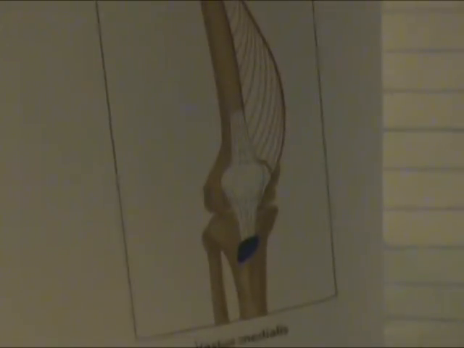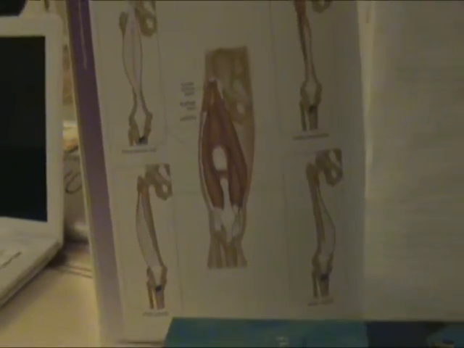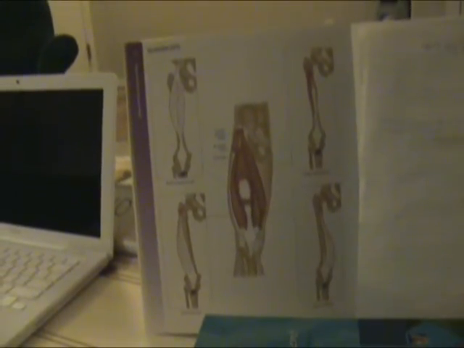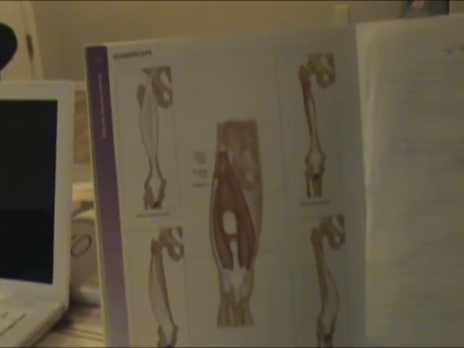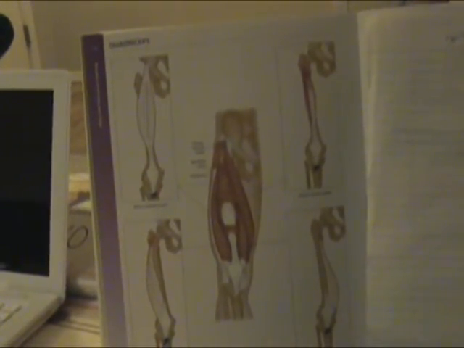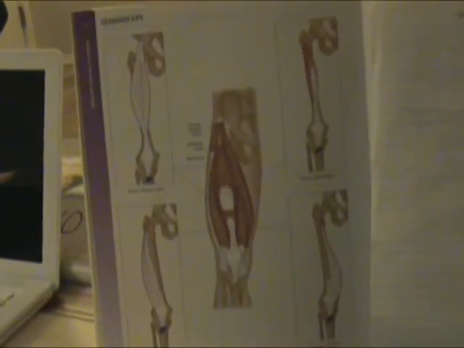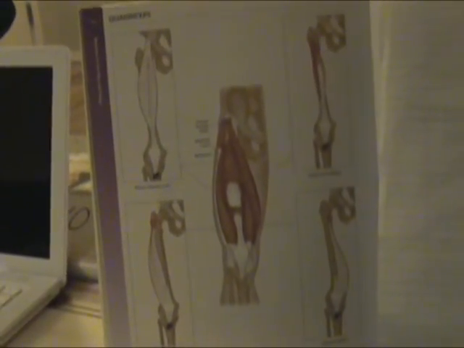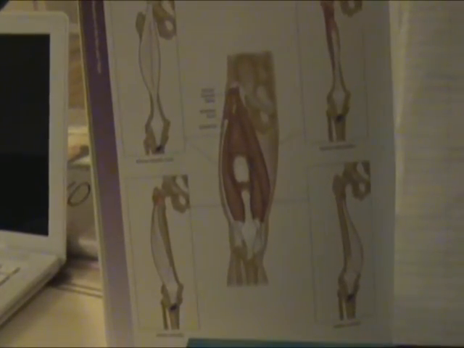The main difference in these quadriceps is that the rectus femoris is the only one out of these four that has an origin in the hip. The others all originate at the femur, but they all insert over the patella into that tibial tuberosity.